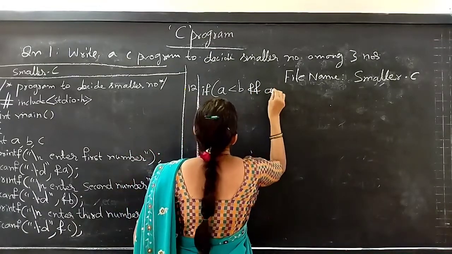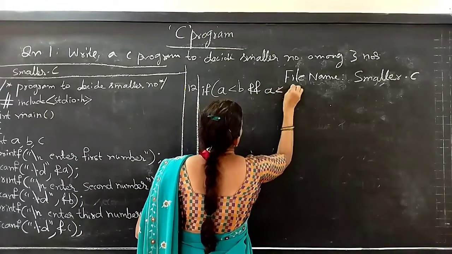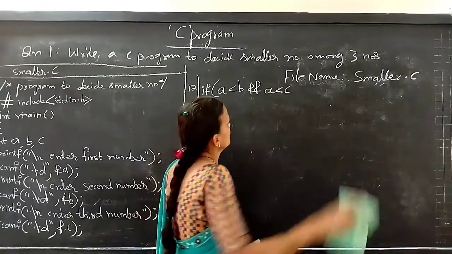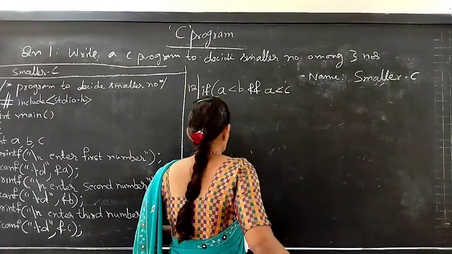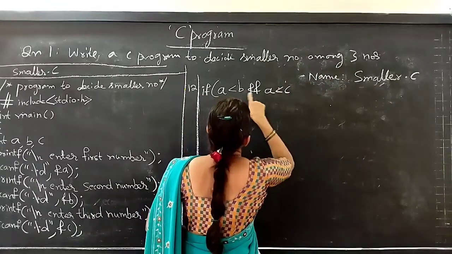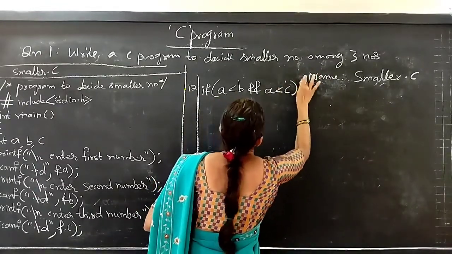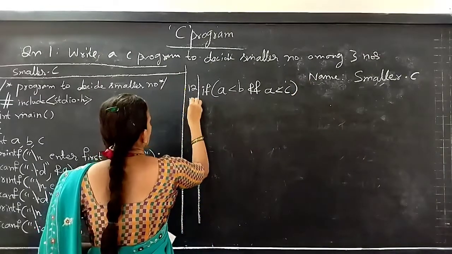Again A checking with C, checking A with B and A with C, close bracket.